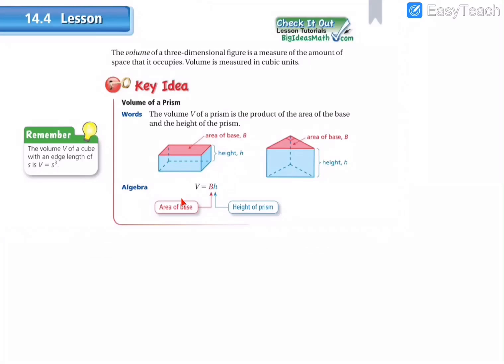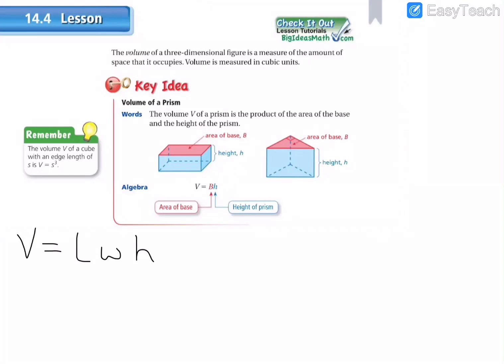Now, if you think about this, anytime that you remembered volume in the past years, you always knew volume to be length times width times height, right? Typically when you were finding volume, you were finding volume of cube-shaped or rectangular cube-shaped items.